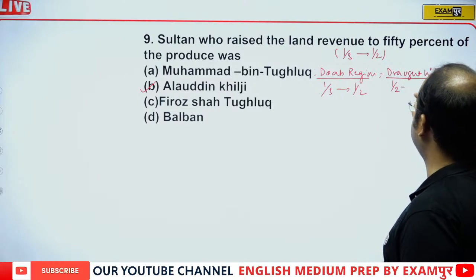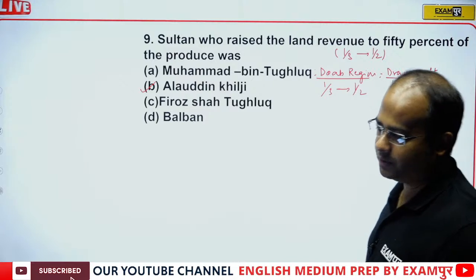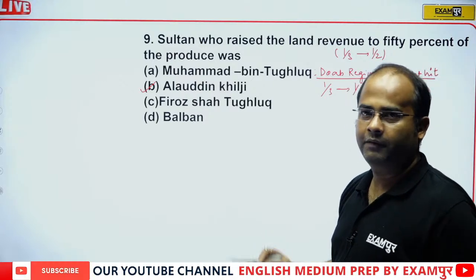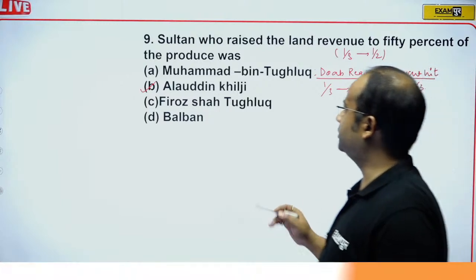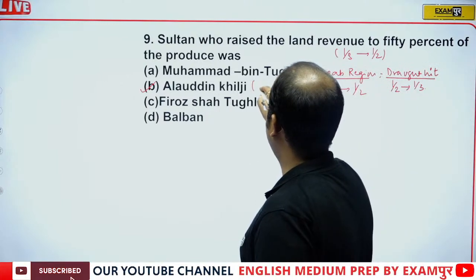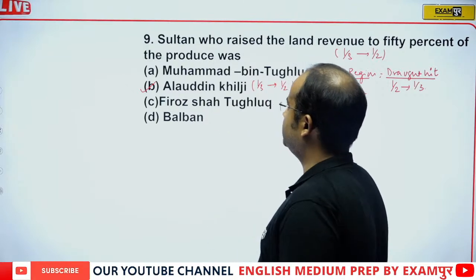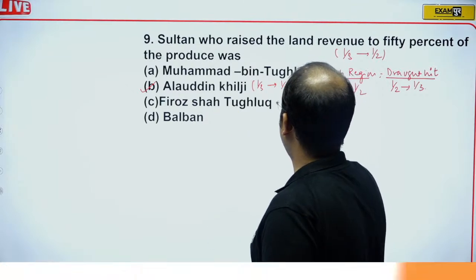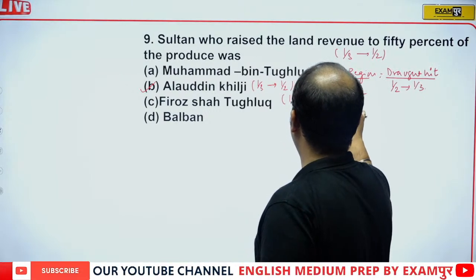So it went from half back to 1/3. His tax officers were beaten by the farmers, and the farmers burnt their standing crops. The Sultan who raised the land revenue from 1/3 to half on a regular basis was Alauddin Khilji, who ruled from 1290 to 1316 AD.